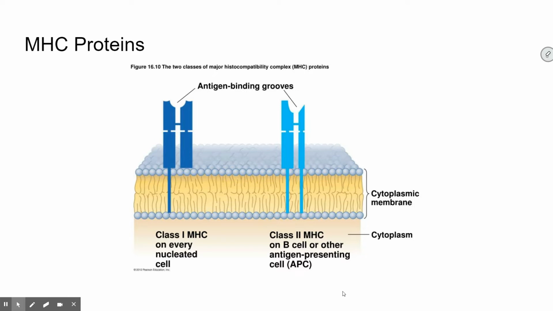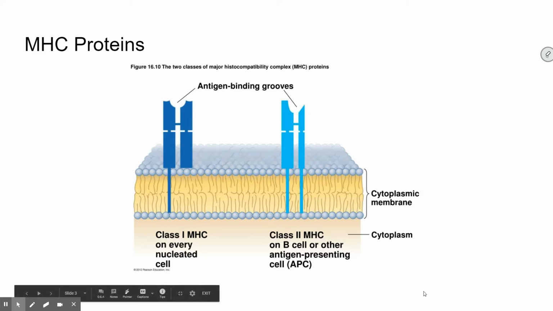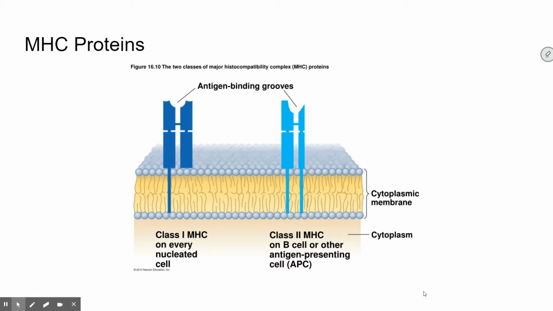Basically, T cells only respond to the fragments of those antigens that are displayed on the surface of a cell, and those fragments are displayed by these MHC proteins. They're almost like, imagine them as little hands that show the thing that is infecting them, or it could be the thing that they ate, depending on the class.